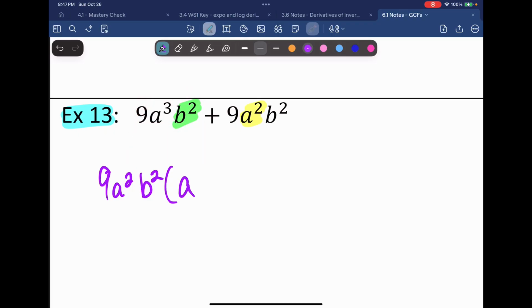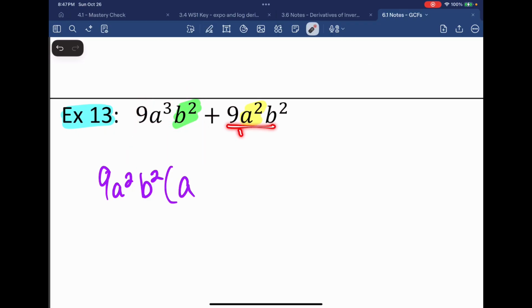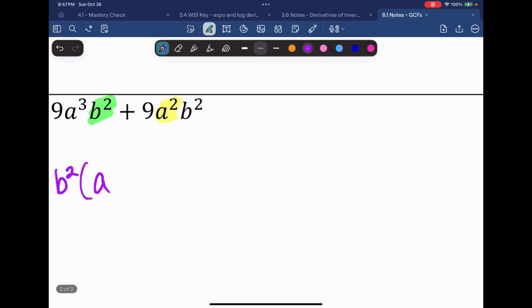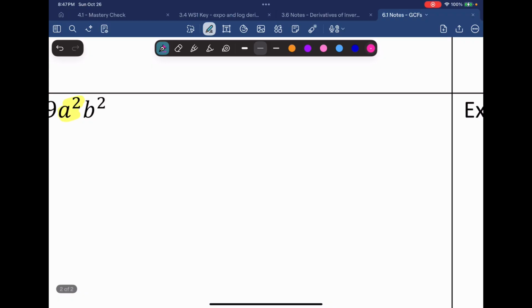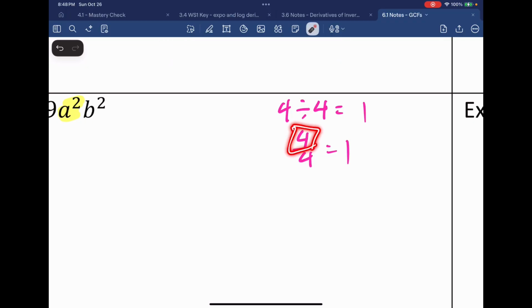So this is what I want you to watch out for, is this piece. So what happens is 9 cancels 9, a squared cancels a squared, b squared cancels b squared. Okay, so what that really means, but kind of put that aside for just a minute. If I asked you what 4 divided by 4 was, that's 1. Well, another way to write this is 4 over 4, also 1. So if you're dividing something by itself, it's 1.